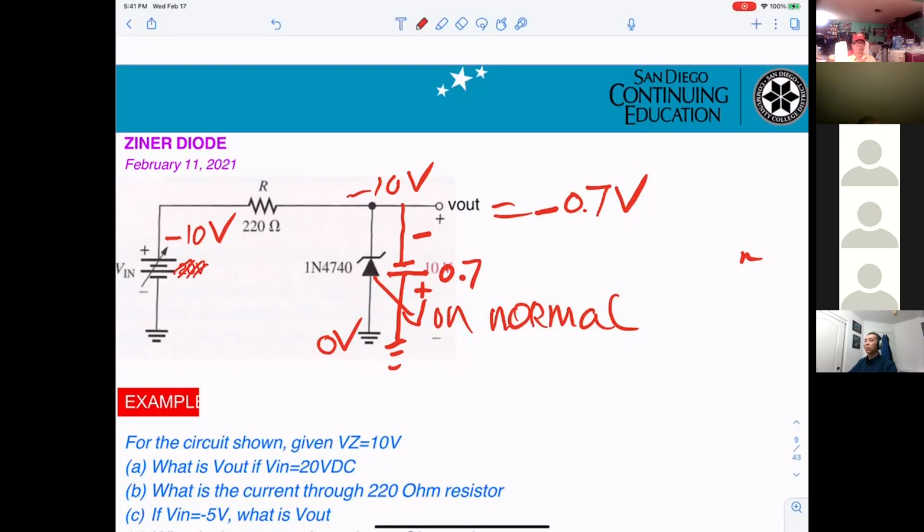I think the minus 10 volts shows what the voltage would be if the diode wasn't there, right? If you remove the diode, then the output voltage would be minus 10 volts, right?